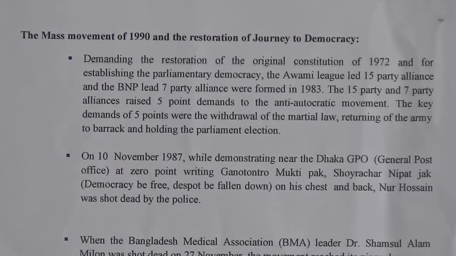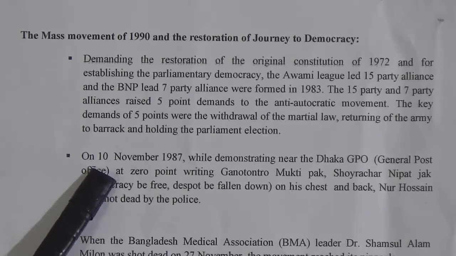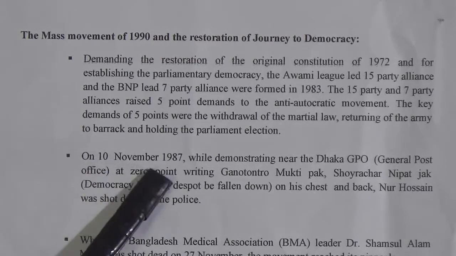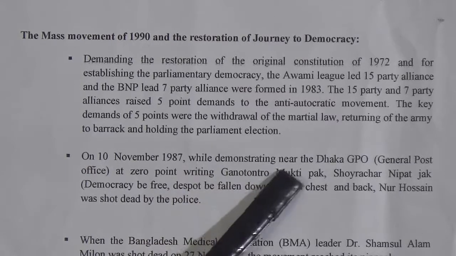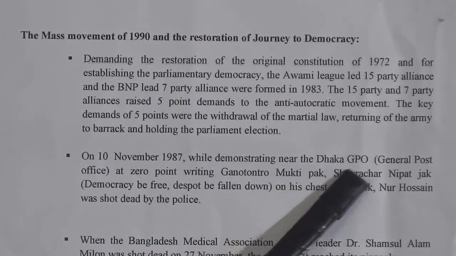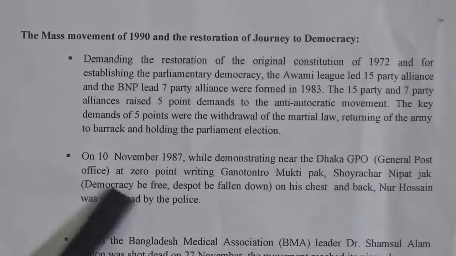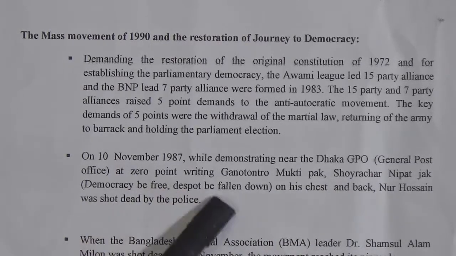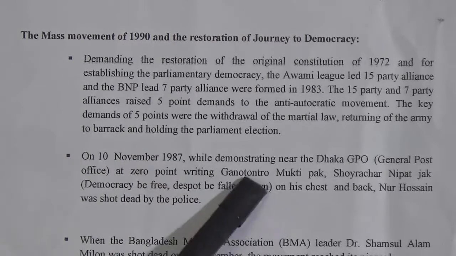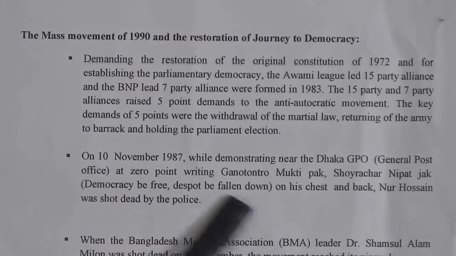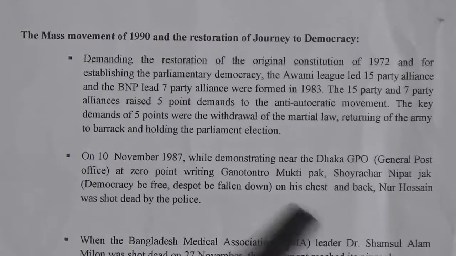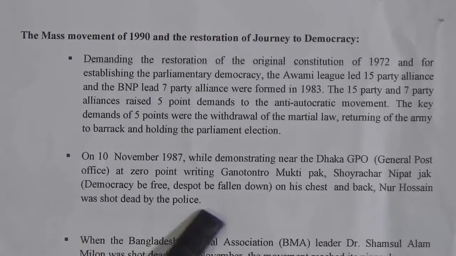Later, on 10 November 1987, while demonstrating near the Dhaka GPO, General Post Office, at 0 point, writing "Ganotantro Mukti Pak, Soirachar Nipat Jak", democracy be free, despot be fallen down, on his chest and back, Noor Hussain was shot dead by the police.